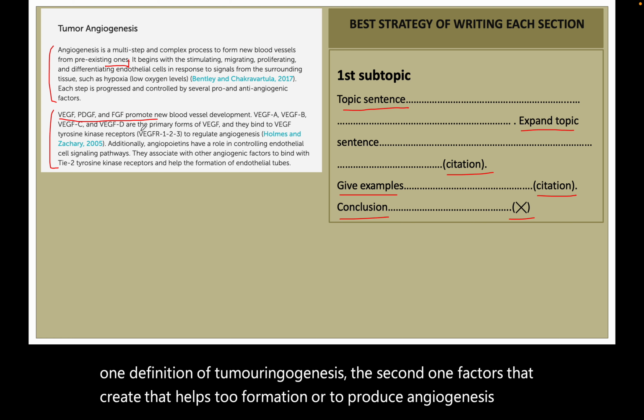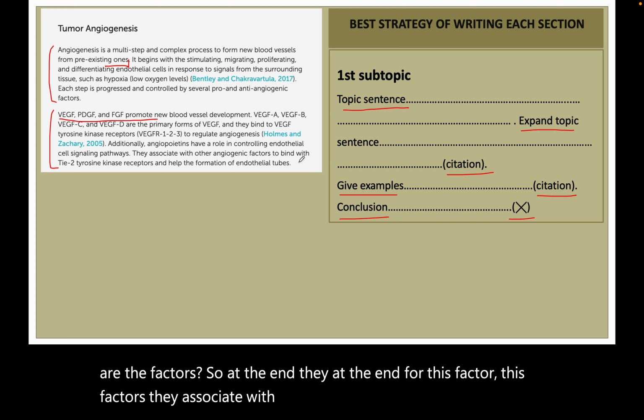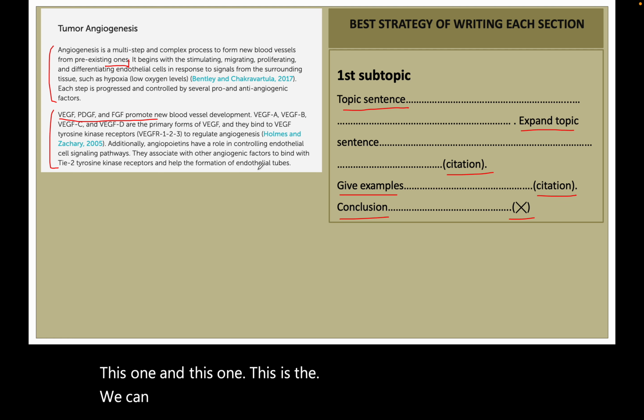What are the factors? At the end, these factors associate with other angiogenic factors to bind with this one and this one. This is the conclusion, and we didn't cite any references.